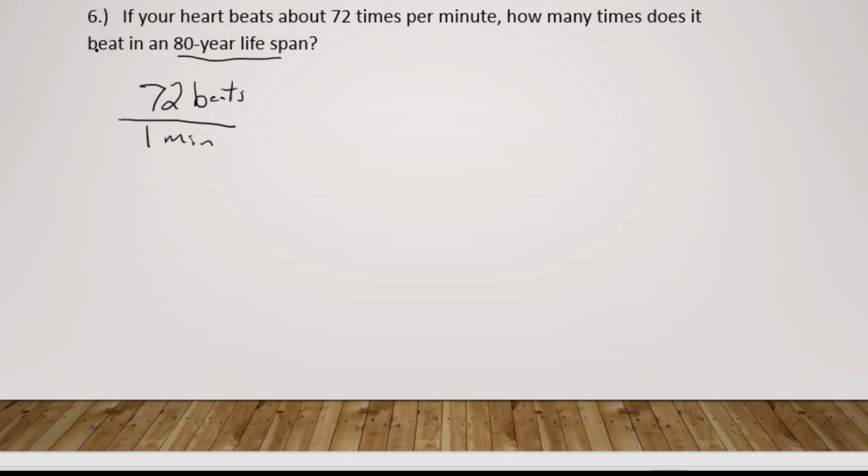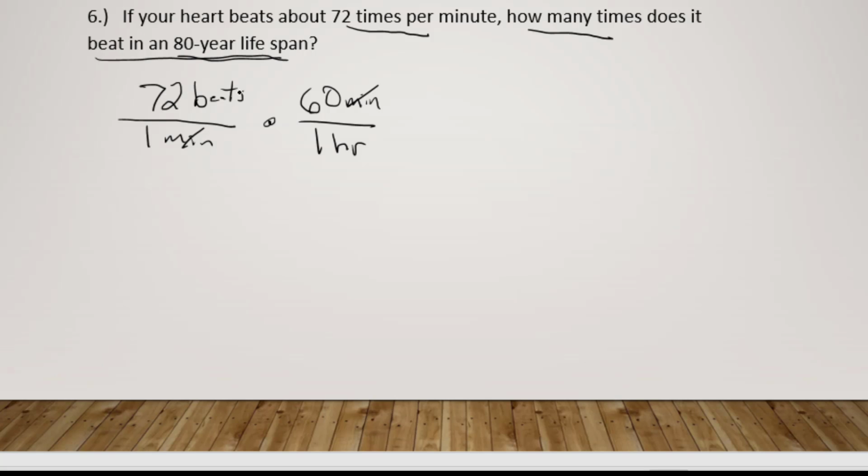And so it says here that your heart beats 72 times per minute. How many times does it beat in an 80-year lifespan? It's sort of a preview of 5.2. So watch what I do. I'll get started here. I'm going to multiply this by 60 minutes over 1 hour. So these minutes are going to cancel.